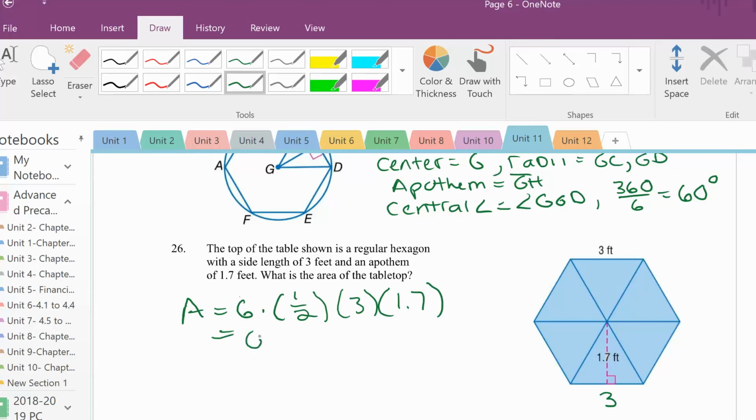So you have half of 6 is 3 times 1.7. And when you multiply it together, you get 15.3 square feet. Because there were 6 triangles that are the same, that's why you multiplied the area of one triangle times 6.